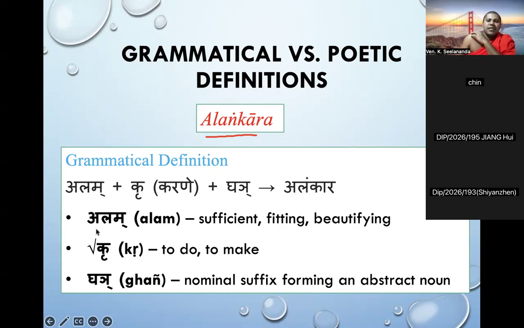It is like an affix. Kru is the verb root of this word, alankara. The verb root kru means to do or to make something. Gan is the suffix, a nominal suffix forming an abstract noun. This is the grammatical definition of the word alankara, no?